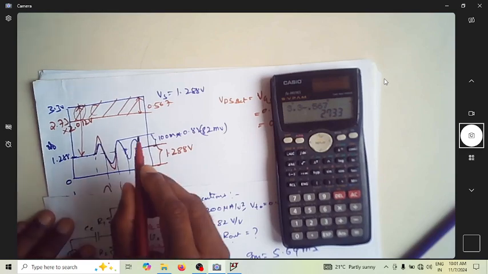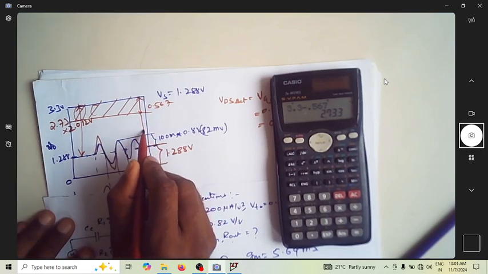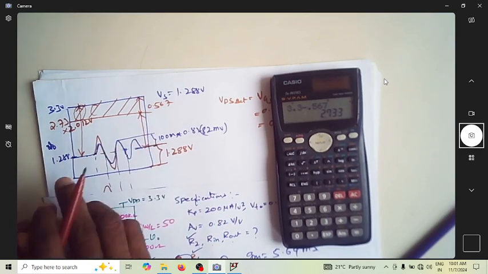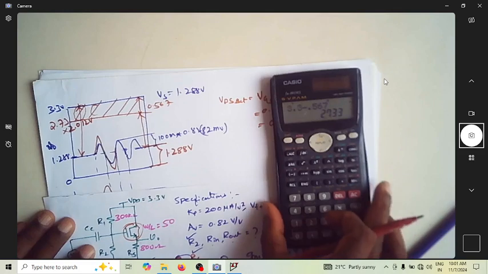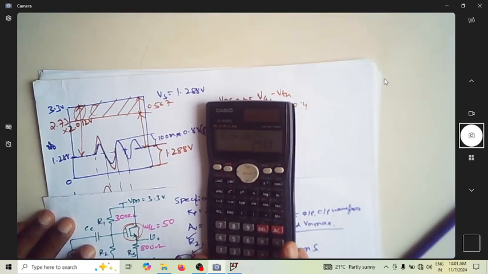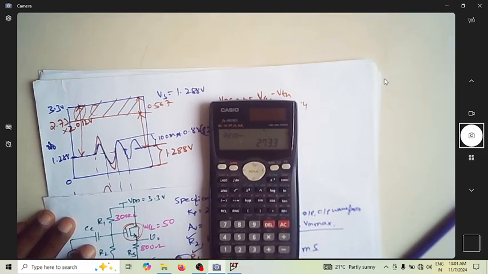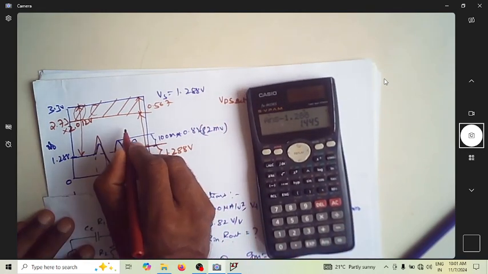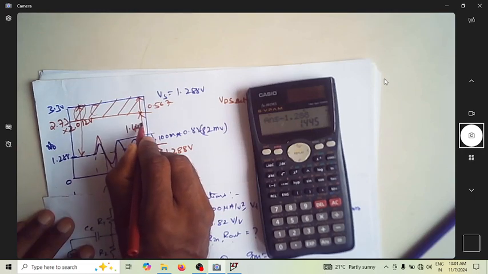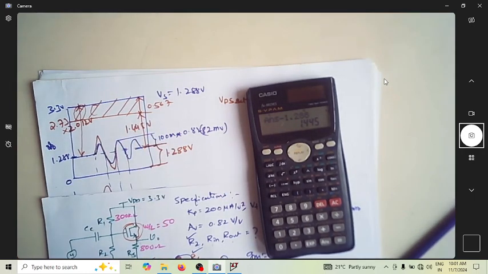So let us find the effectively available swing on the positive side from 1.288 to 2.73. It is 2.733 minus 1.288, so you actually have 1.445 volt as the swing available.